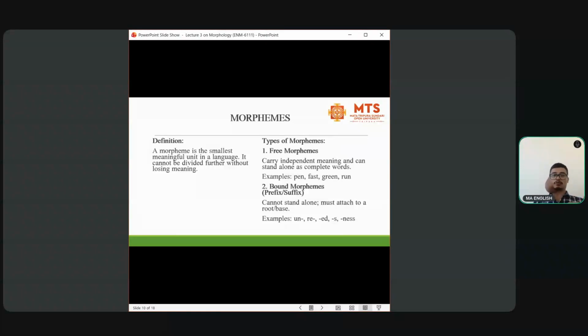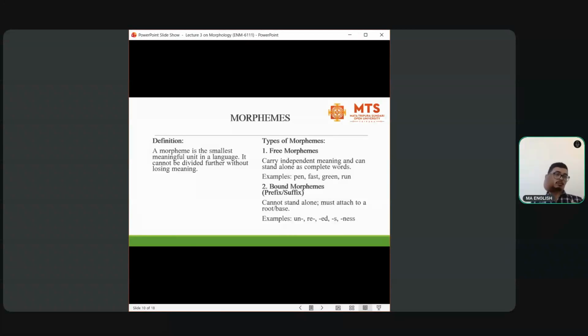The word pen is one morpheme. If you try to break it into P-E-N, none of those pieces carry meaning. As I already said, it will be phonological analysis instead, sound analysis, right? That's why you cannot decompose it further. A morpheme cannot be broken into smaller parts.